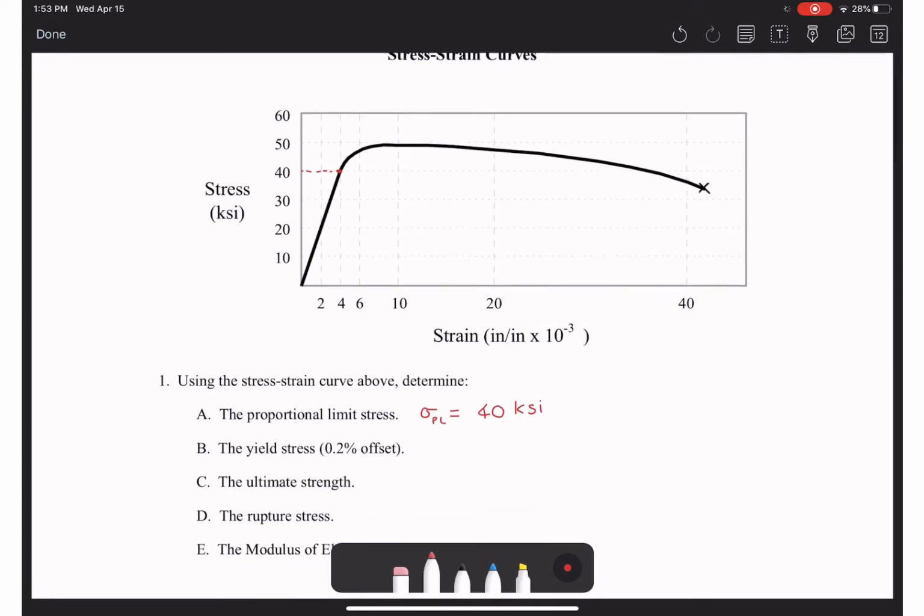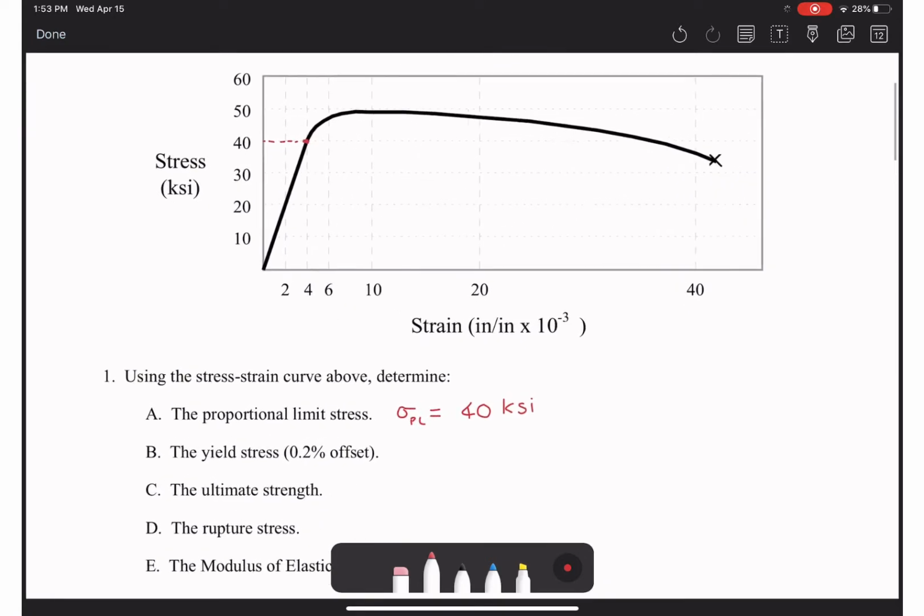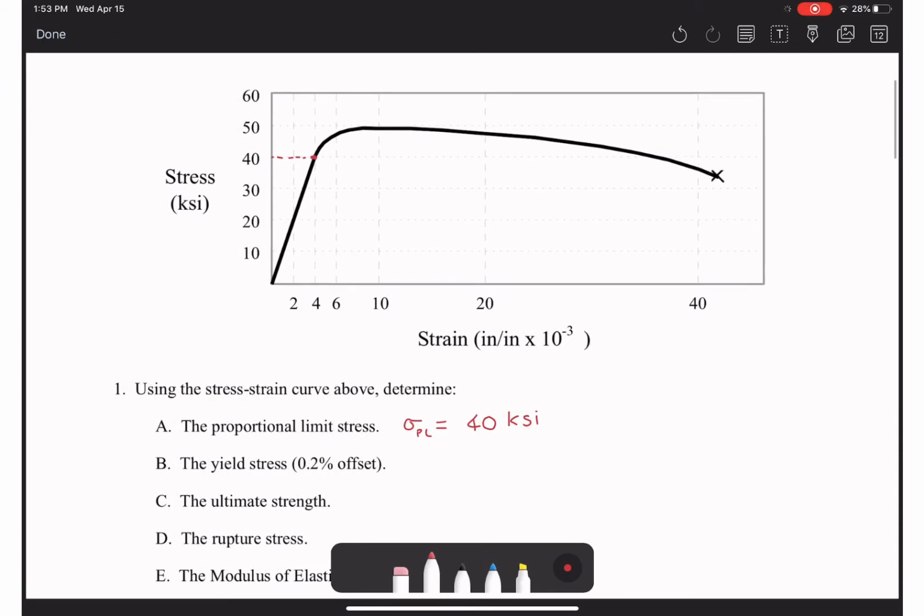The yield stress, and in this case, as you can see, the horizontal portion of the curve is not really easy to recognize, so it's difficult to see where the starting point is that the material is yielding. So we have to use the 0.2% offset method. What does 0.2% mean here?